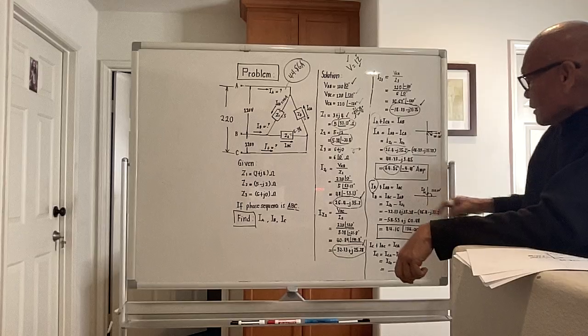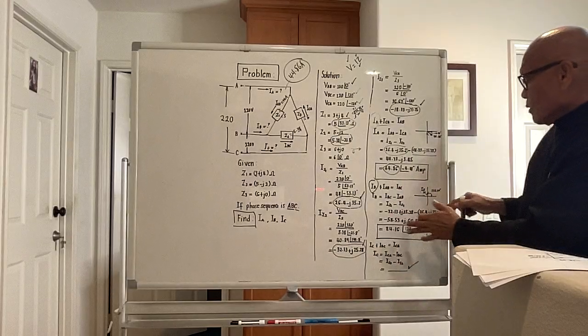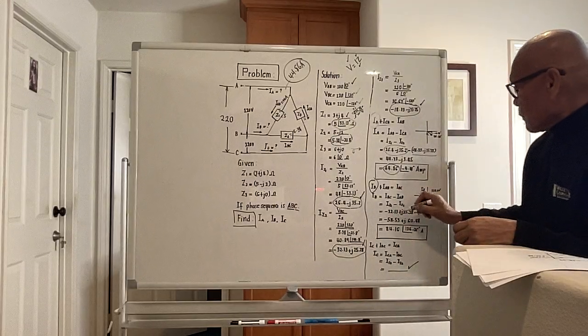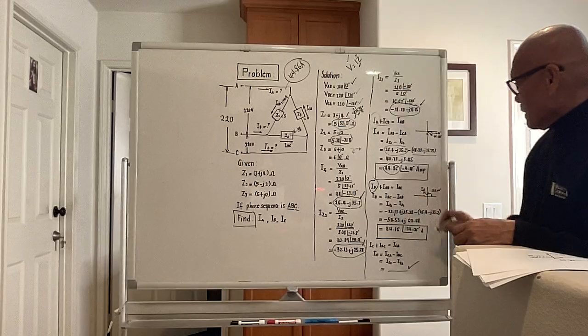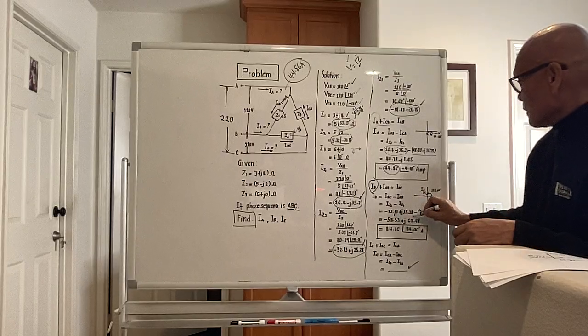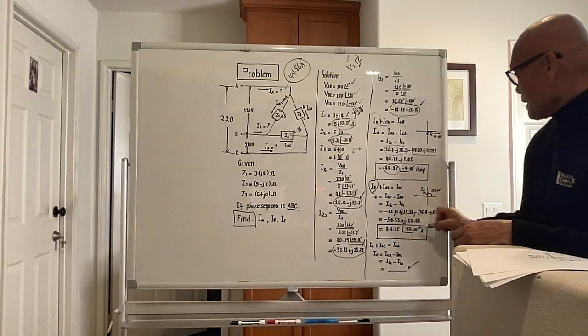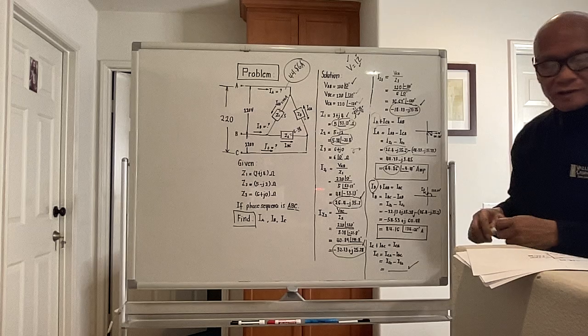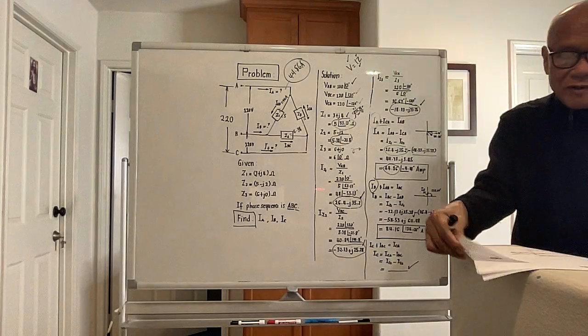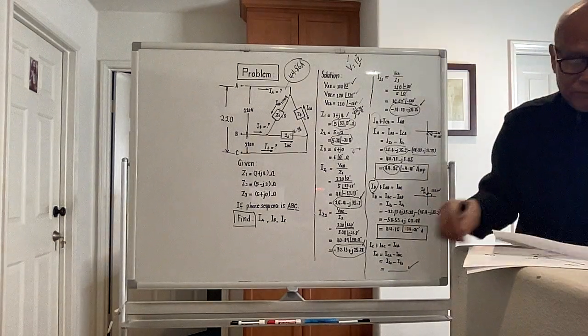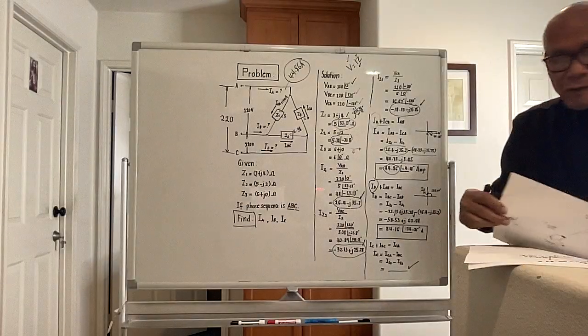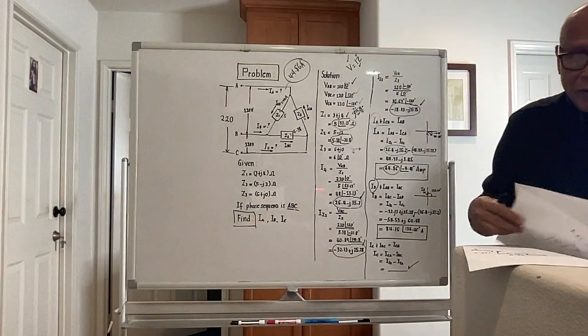They are now in rectangular, so if we perform the operation, the real part will be negative 58.83, the imaginary part will be 60.48, and the angle is actually 134.06 degrees.